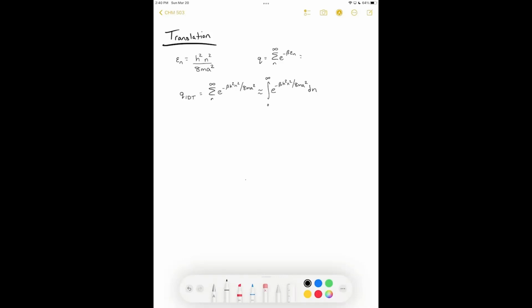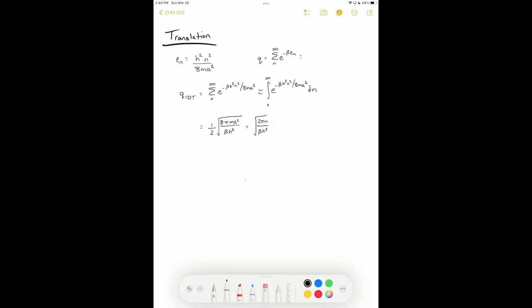We've done this integral last semester. This integral ends up simply being 1/2 times the square root of 8 pi ma squared over beta h squared. And what we'll do is rewrite this as the square root of 2 pi m over beta h squared.